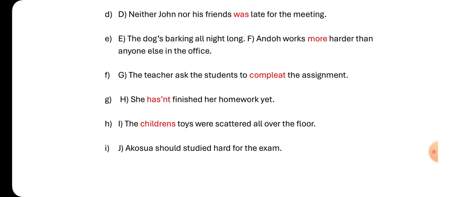So let's go to J. J says that she hasn't finished her work yet. This is a spelling mistake. It is a wrong contraction. Hasn't, this is not how we spell hasn't.